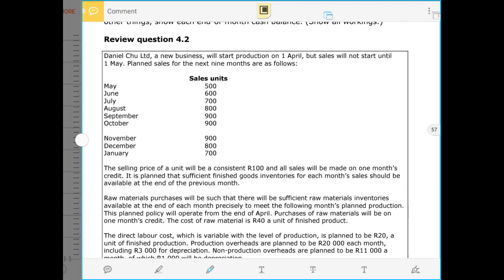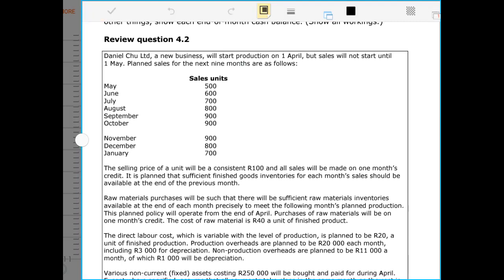So now they are telling us that production will start on the 1st of April, but the sales will not start until the 1st of May, meaning that production will take place in April, but sales will take place in the month of May, meaning now production in the month of April will be sold in the month of May. So now that's what it means.